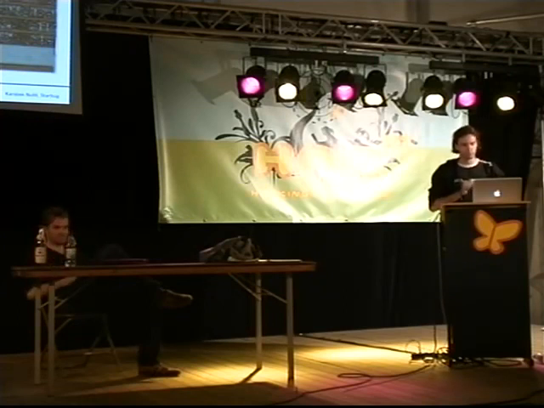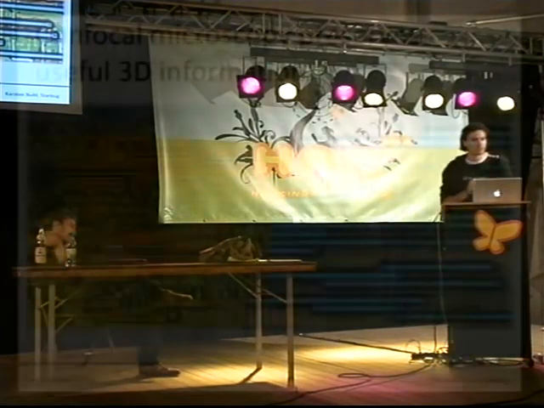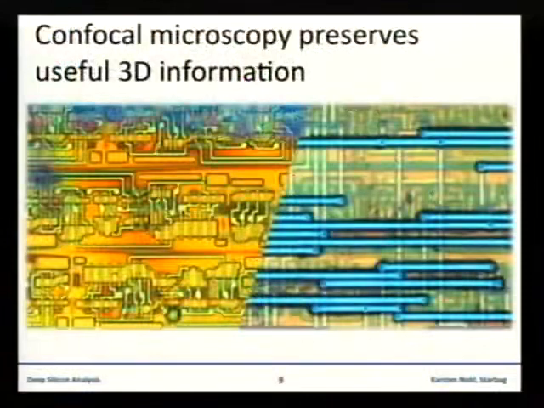There are some special kinds of optical microscope called confocal microscopes. The advantage of these confocal microscopes is that they can make sharp pictures of each individual layer. As you can see on the right side, the blue one is the top metal layer, the yellow stripes down there are the second metal layer, and down there is the third metal layer.